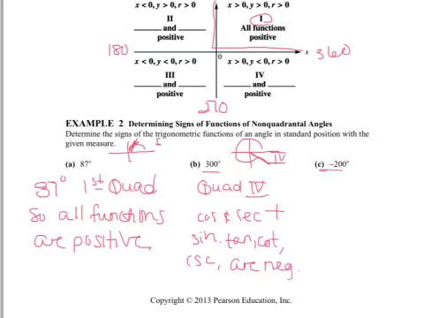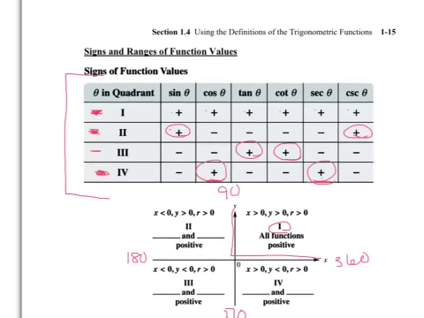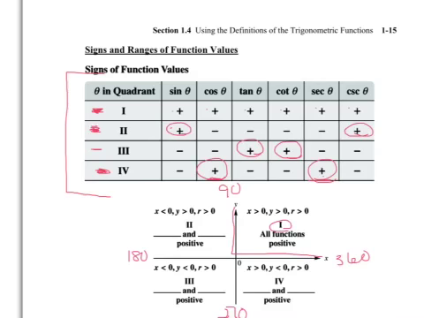Then if I look at C here, negative 200 degrees, you're going backwards. So from here to here is 90, from here to here would be 90, from here to here is 180. So I'm thinking approximately 200 degrees is going to be about here, which would be in quad 2. If I scroll back up and look in quadrant 2, only sine and cosecant are my positive values.